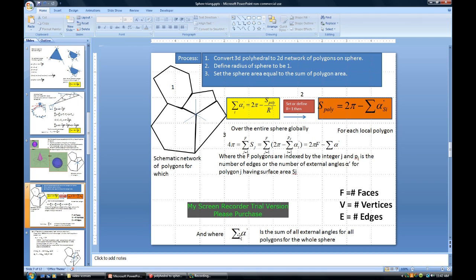You're not going to really know what that is, but that gives us one basic equation. We just need to get one more so that we can eliminate this beast here.